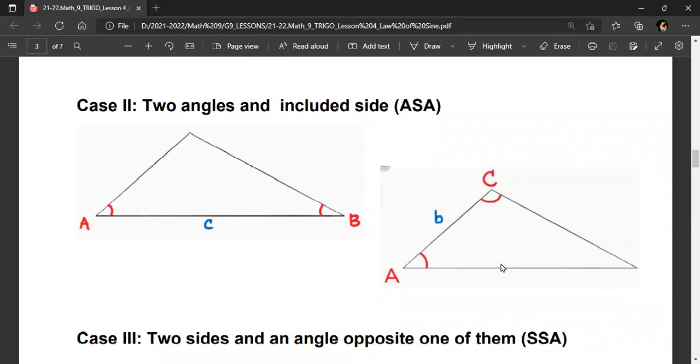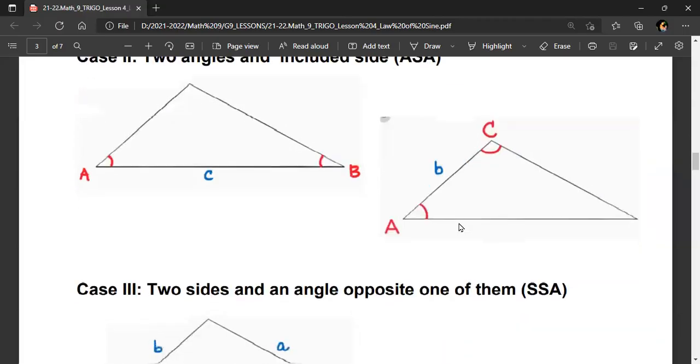The other triangle also gives us an idea of ASA because side B is in the middle of two angles, which are angle A and angle C. It also happens to be case number two because of two angles and one included side.